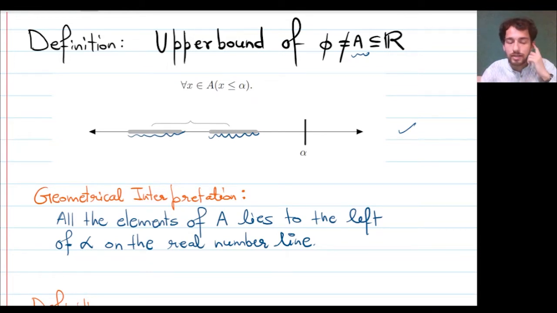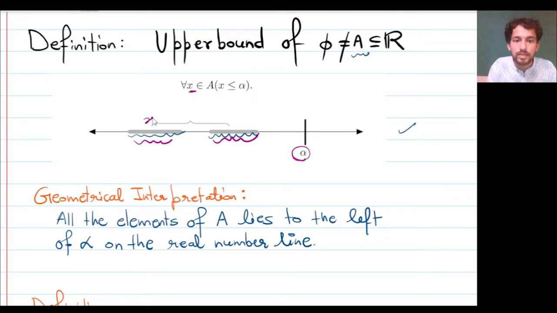Let me repeat what I mean to say. I'm searching for a number such that all the elements of my set are less than or equal to that number. So if you see this figure here, this element alpha, which is of course a real number, lies to the right of all these elements, which I'm calling x.